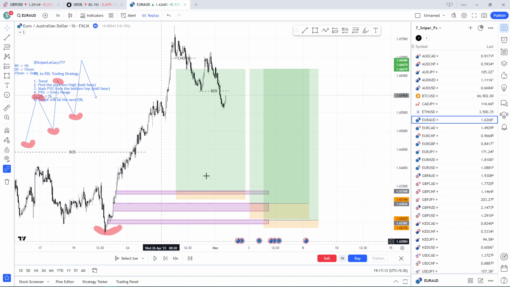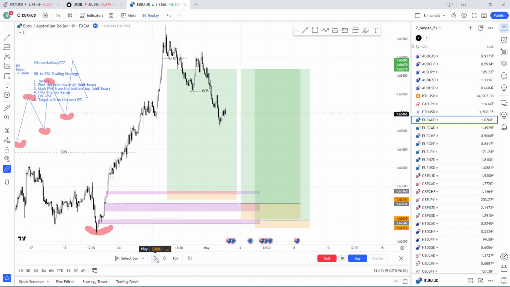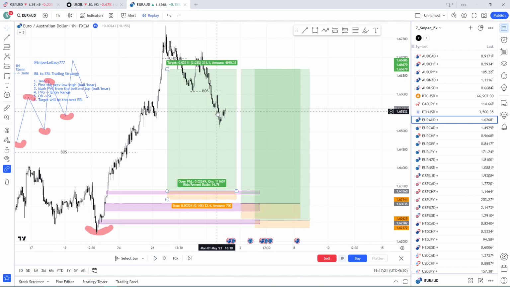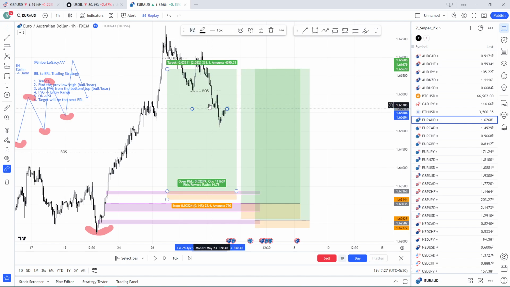Okay, so let me play. Okay, we have one more BOS. Since I got two BOS, let me not waste time and also show you how to trade the counter trend.